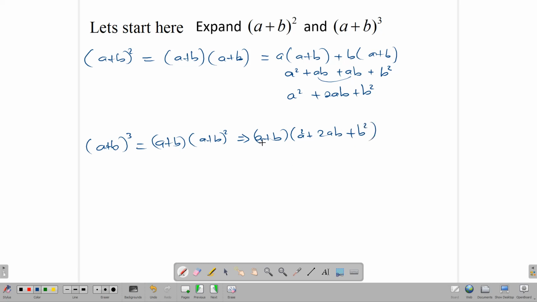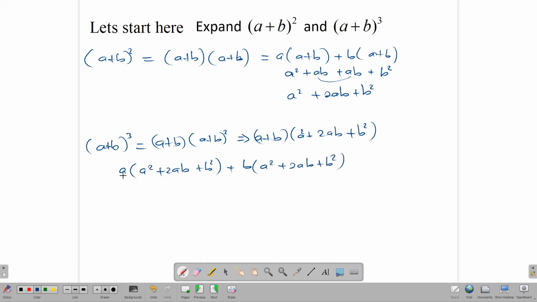And multiplying now, we need to multiply this a times all of this. So it's a times a squared plus 2ab plus b squared, and all of that we're going to multiply next. B times a squared plus 2ab plus b squared.